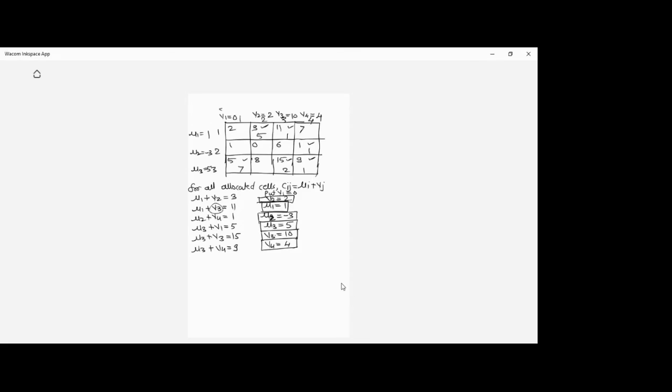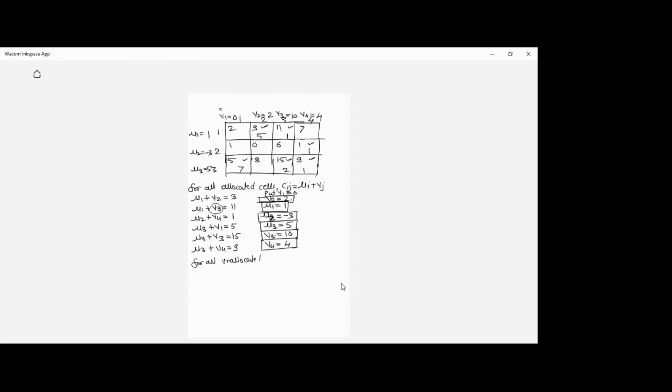I'm hoping you have understood at least this particular step. So for all unallocated cells, we are going to find out the penalty.